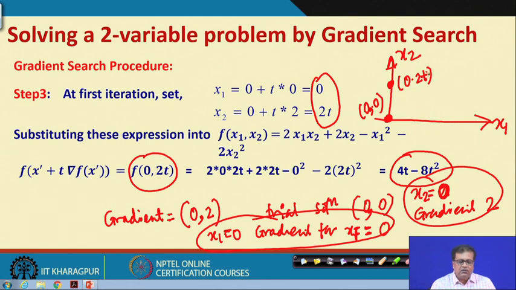Why? Because the gradient is 0 2: 0 for x1, so we are not moving in that direction, and 2 for x2. We know that if we move in this direction, our functional value is going to go up, and the new functional value in terms of t is 4t minus 8t square. That is all we have found.